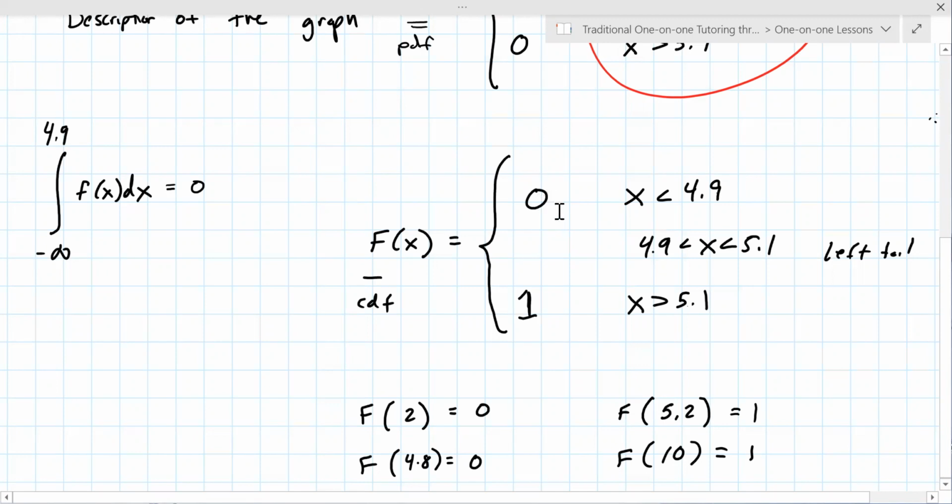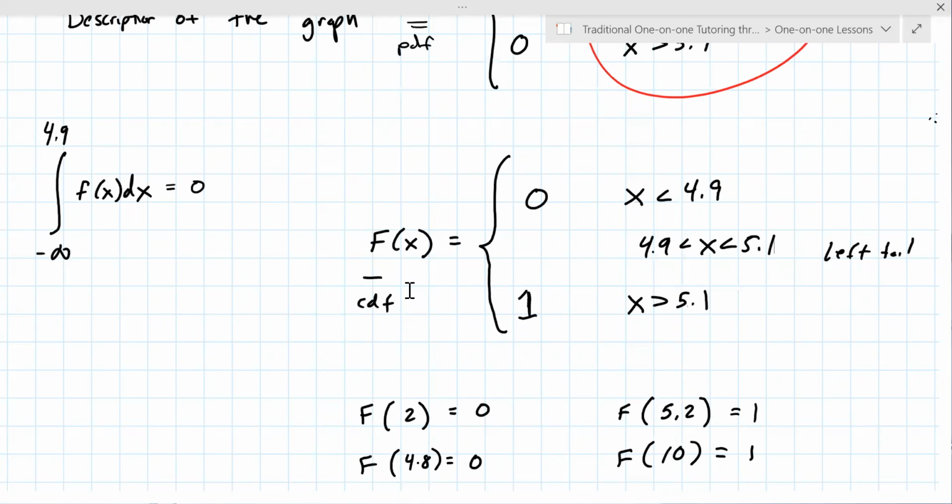Let me write this and then I'll ask. Less than 4.9, that's 0. Then you have 1 for x greater than 5.1, and then finally the interval 4.9 to x.